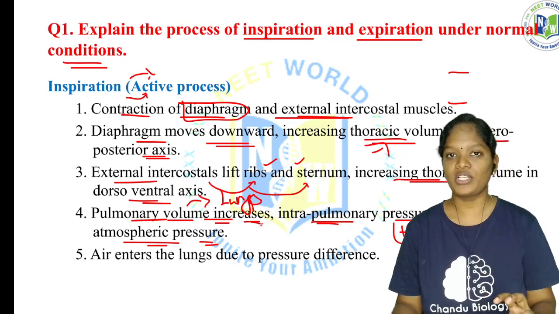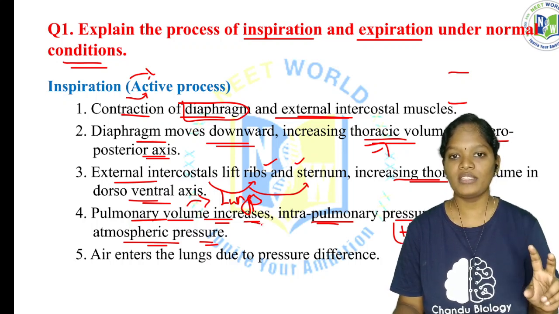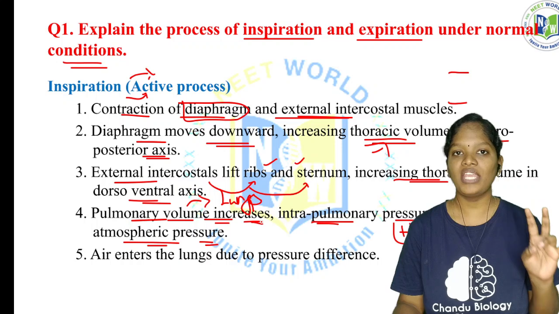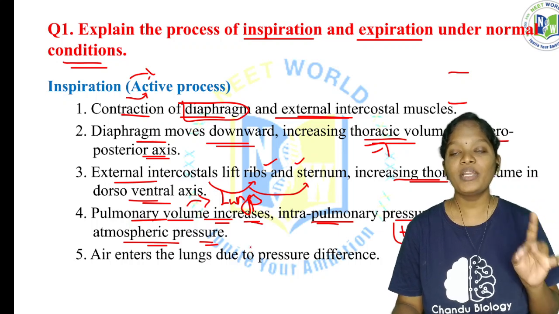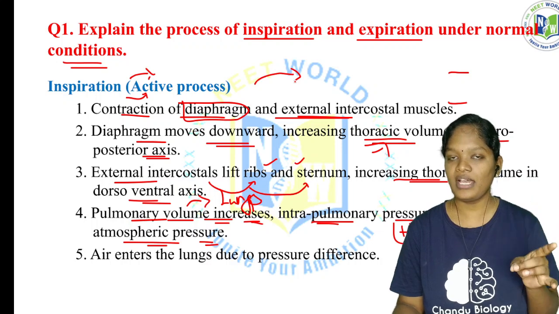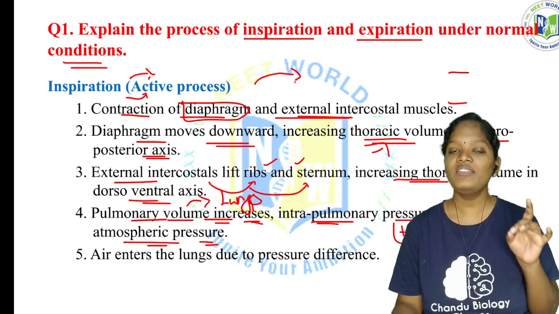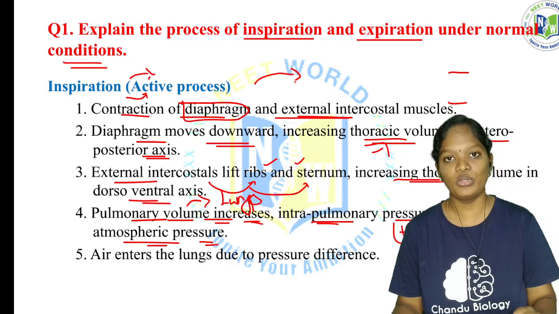Now comes the pressure. The first thing is the involvement of the diaphragm and external intercostal muscles, which, as we have studied, increase the thoracic volume in both axes. The third important thing is the pressure. Whenever the air enters into the lungs, we call it inspiration. Whenever inspiration takes place, the wind always flows from higher pressure to lower pressure.